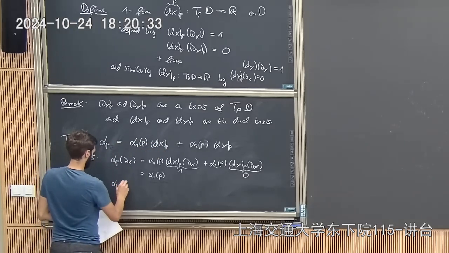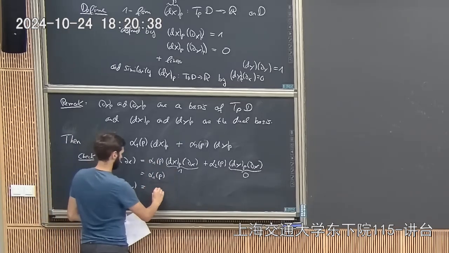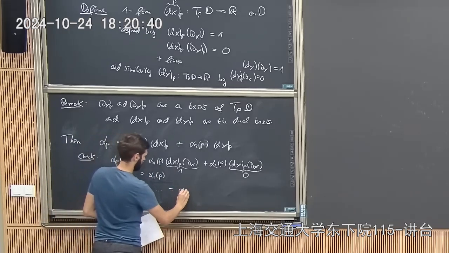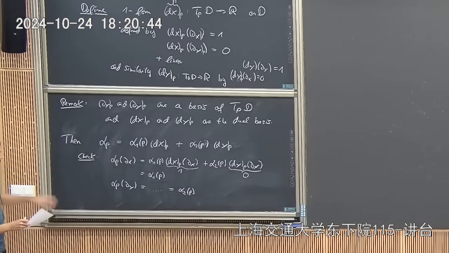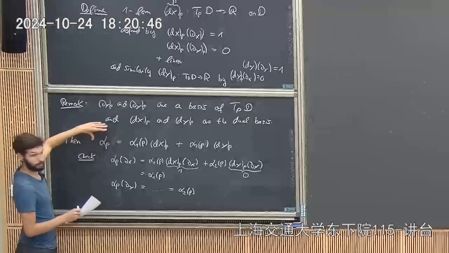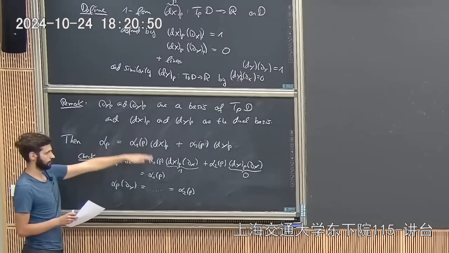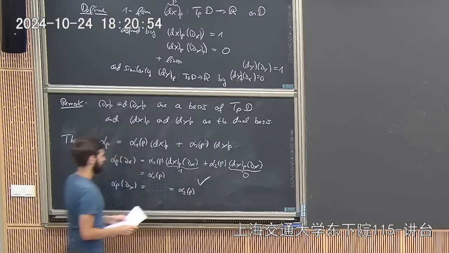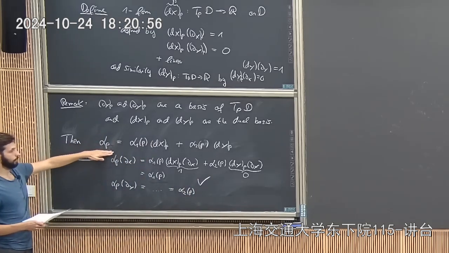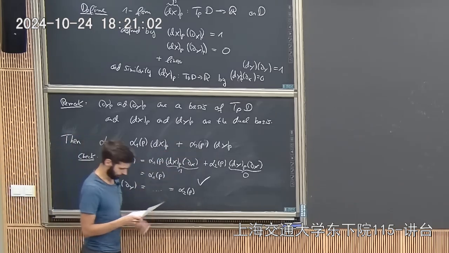And similarly for the partial y, a similar calculation gives us at the end alpha 2. So that checks that the differential one forms, if you evaluate them on both sides, give the same result. That checks that we really get this description of the one form in terms of alpha 1 and alpha 2.